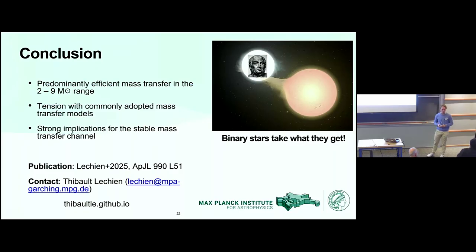Ilya Mandel? I noticed that one of the things you were comparing with was this factor of 10 accretion efficiency. Mike Lau has done some work, the so-called Hamstars paper, where he showed that the accretion efficiency is sensitive to the mass of the accretor in a very strong way: less than a factor of 10 for high mass accretors and much more, by 2 orders of magnitude, for low mass accretors.